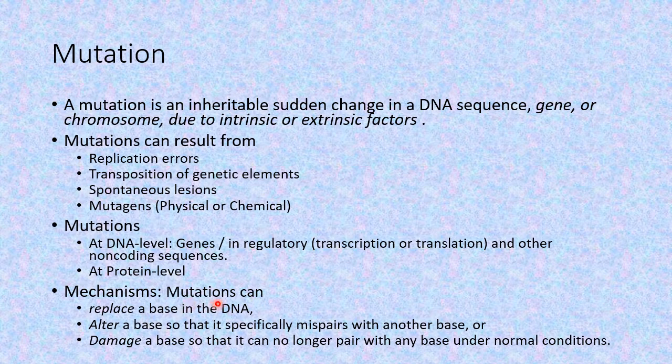So, these mutations can basically either replace a base in the DNA molecule, or they may alter a base so that it mispairs with another base, and at times there is damage in the base so that it can no longer base pair with any of the bases under normal conditions. So that leads to mutation of that particular nucleotide sequence.